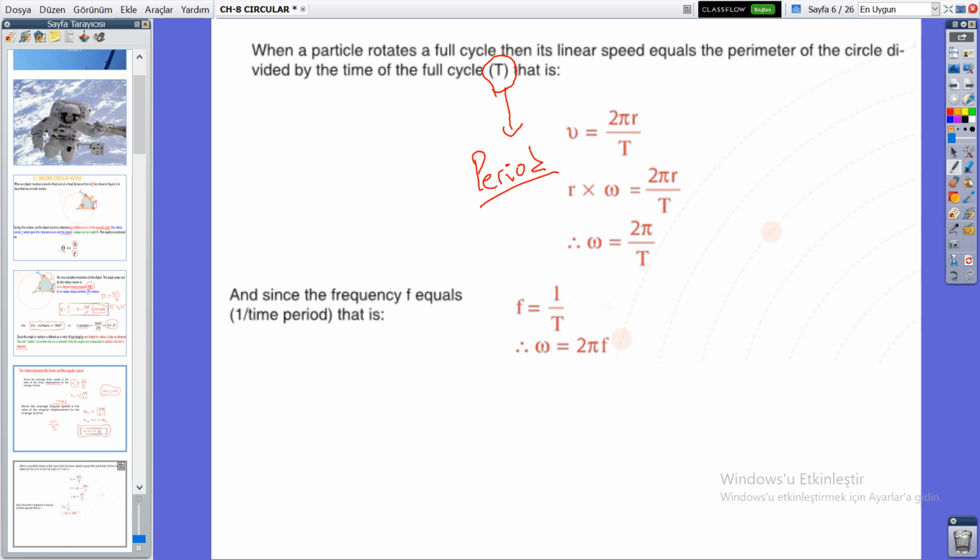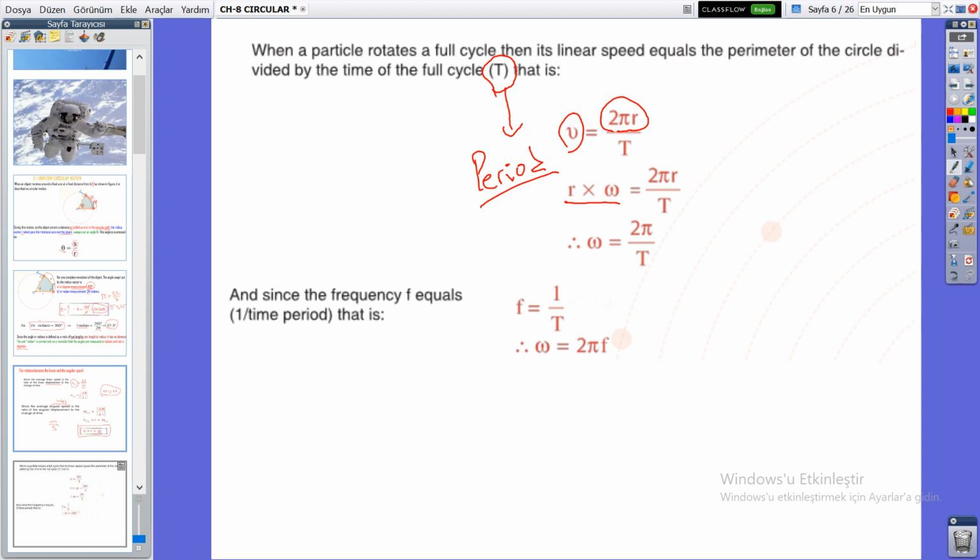Average linear speed equals 2 pi r, the full displacement of the circle, over T, the period. And writing linear speed, if you remember, as r multiplied by angular speed, it looks like this: equals 2 pi r over period.